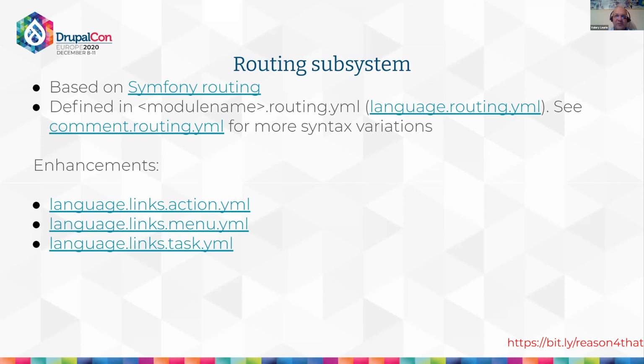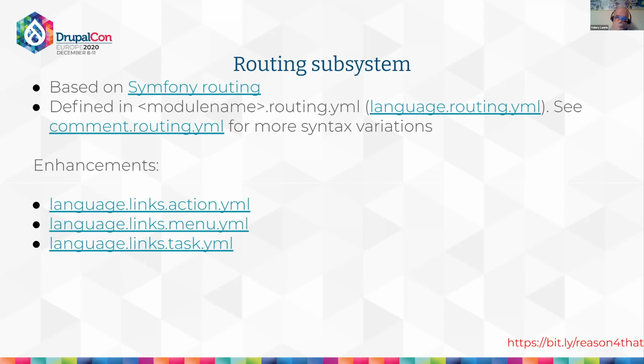So for those of you who don't know, routing is a way of translating the human-readable URL of your website, like /fr/homepage, to an internal route, and then calling the required page callback and returning the result and storing it in the cache, and many other things. So this is routing. This is the routing subsystem of Drupal.